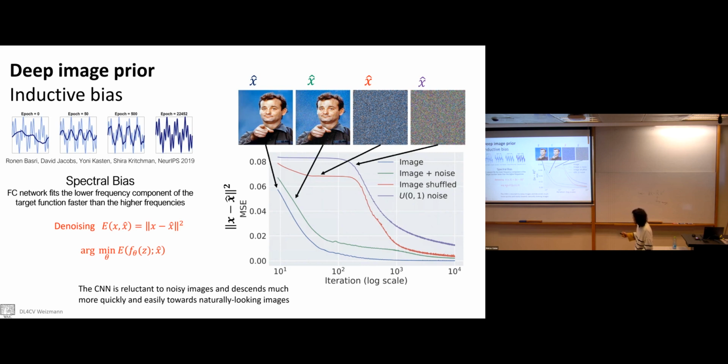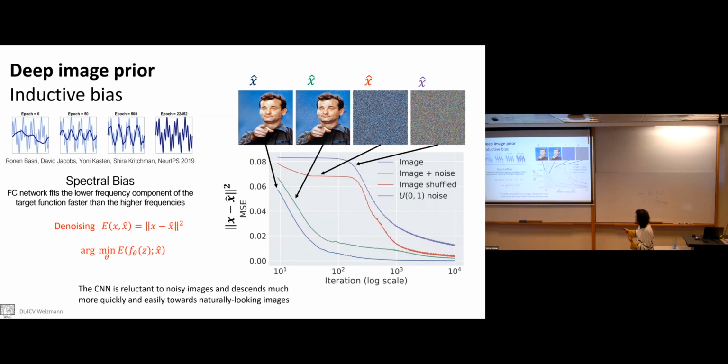So in fully connected networks, it was shown theoretically, using a spectral decomposition of what is called the neural tangent kernel, which characterizes the neural network, that lower frequency components of the target function are faster to converge than high frequencies. And actually, this is exactly what happens here. The noise is a high frequency component, and the natural images are relatively composed of low frequency components.